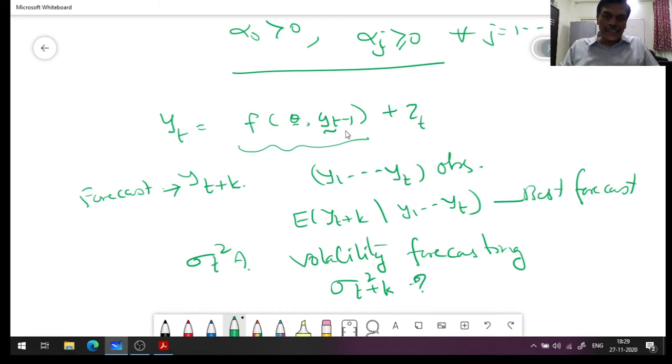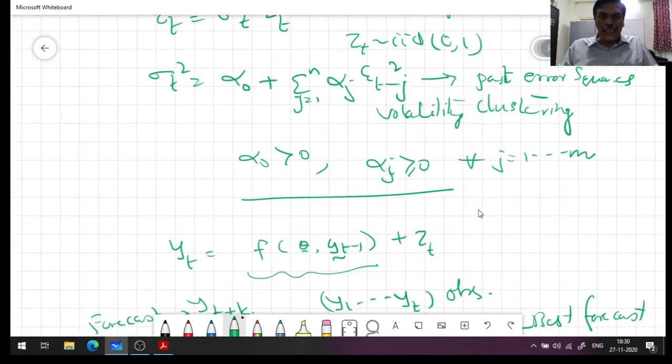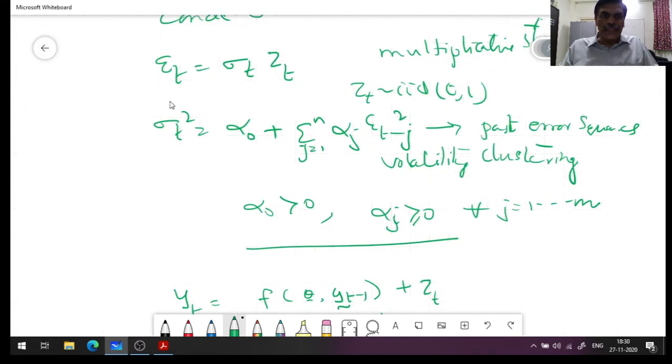There is a little difference here: we attempt the forecast having the values known up to time t. For this one, I don't know anything because these are not observable. So in this equation, what is observable? Observable is this. This is totally unobservable.